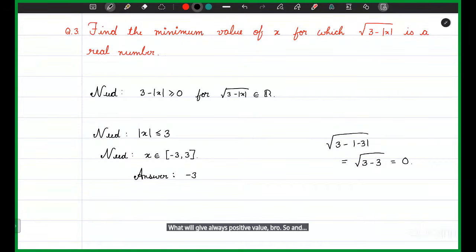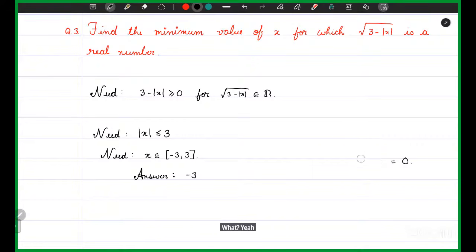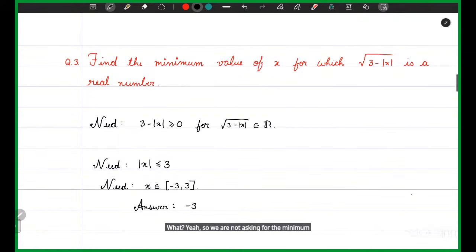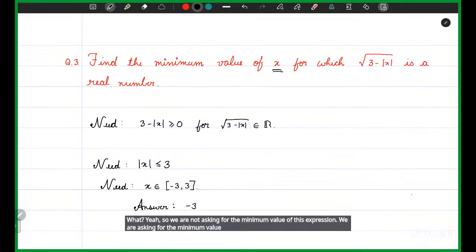So 3 minus 3 gives 0. Take plus 3 also, then also it will be 0. But we are not asking for the minimum value of this expression. We are asking for the minimum value of x such that this expression is a real number. Okay.